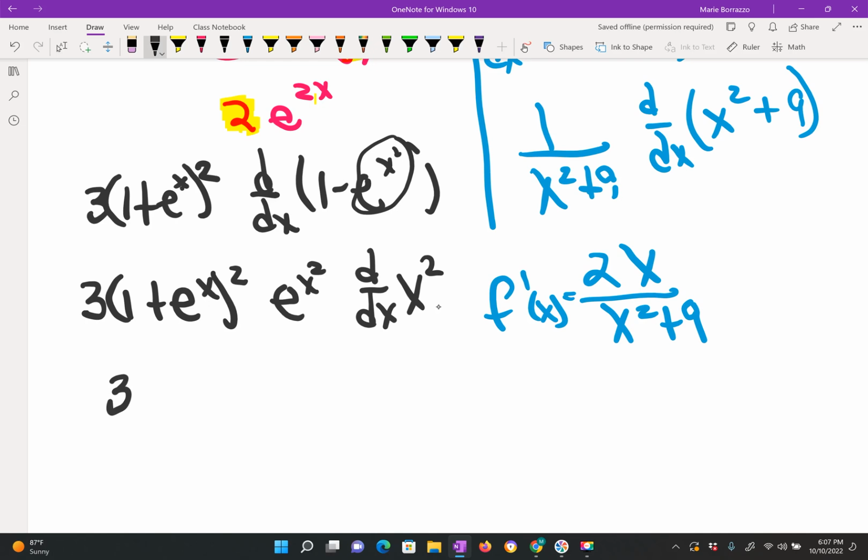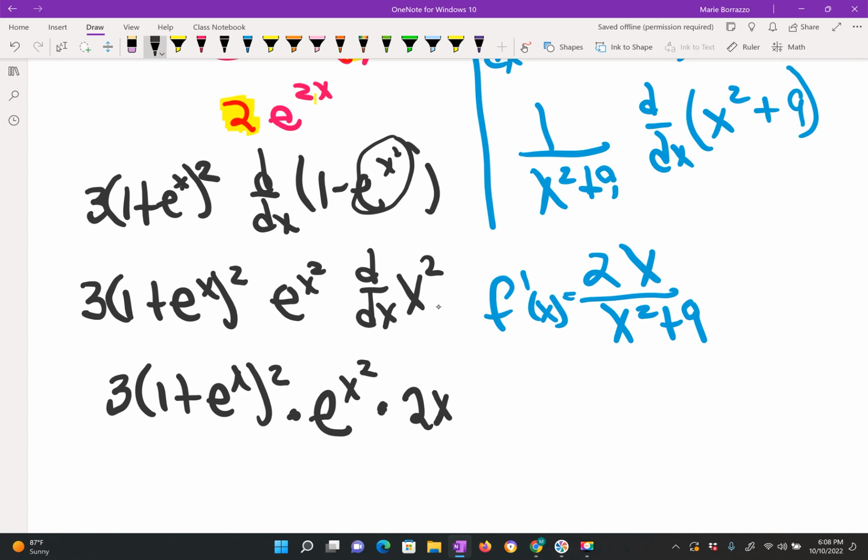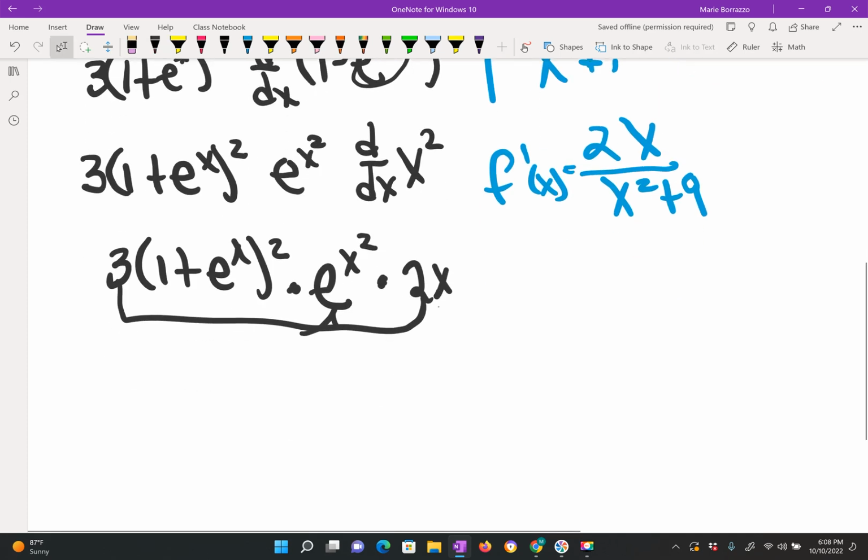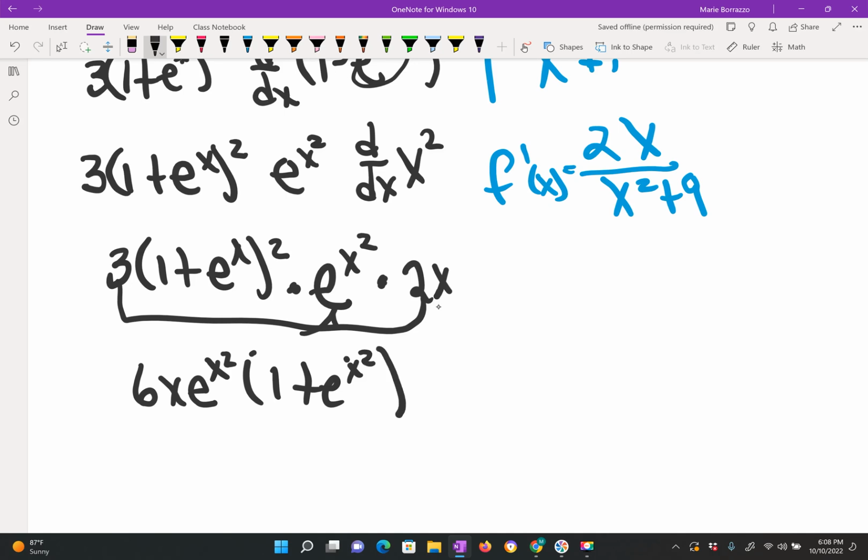So I have 3 parentheses 1 plus e to the x squared times e to the x squared times 2x. All right, and then this simplifies further. If I multiply this times this times this, then I'm going to have 6x e to the x squared, and all of this times 1 plus e to the x squared squared.